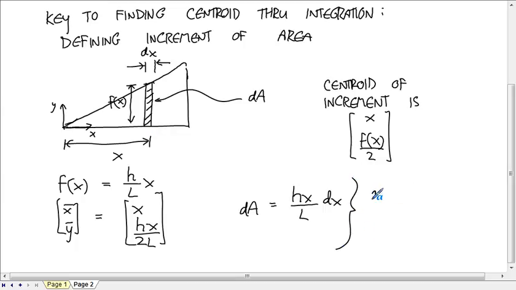And so you end up with an integral from 0 to L of x, hx over 2L, times hx over L dx.